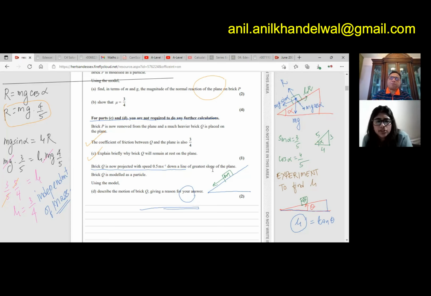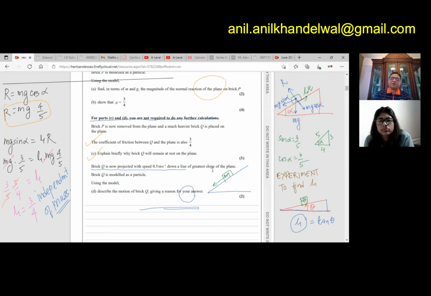And just because it's moving down at a constant speed, why does that mean there's no resultant force? Brick Q is now projected with this speed down the line of greatest slope. So the speed is constant. That means F equals ma. Mass is constant, and there is no acceleration. Speed is constant means rate of change of speed is zero. That means acceleration is zero.